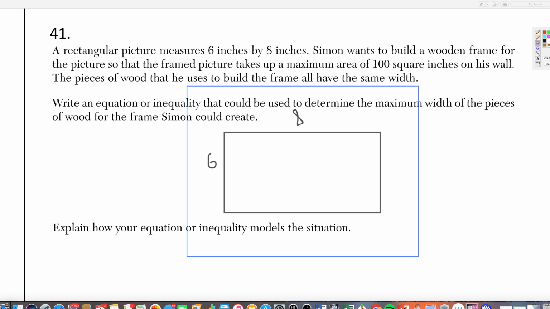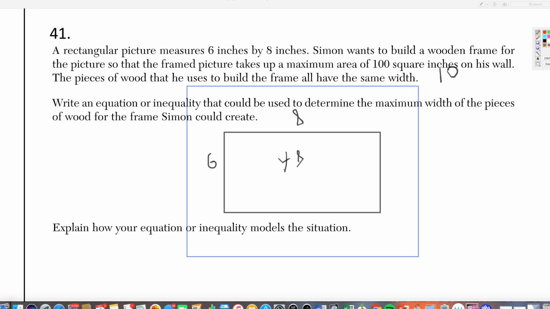So now, the first question is, write an equation that could determine the maximum width of the pieces of the wood frame that he could use, and then explain how it models the situation. So this is the way to understand it. The area right now of the small guy is 6 times 8, right? Is 48. The area of the big guy is going to be 100.